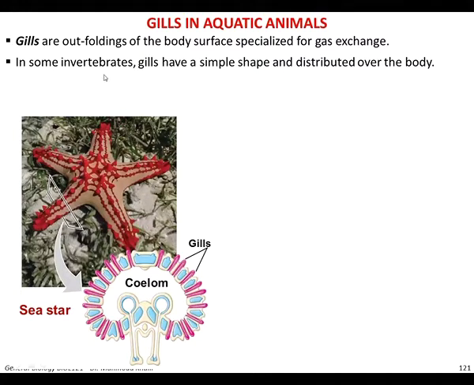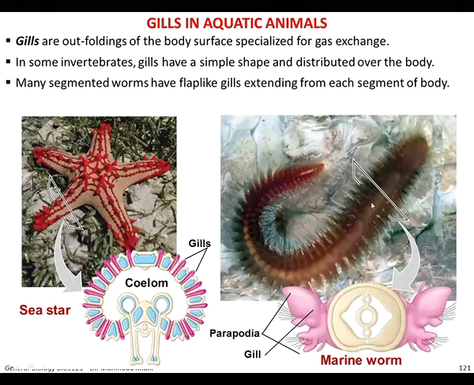So in this invertebrate animal, the sea star, gills have a simple shape and are distributed all over its body. While in segmented worms, these worms have flap-like projections called parapodia. These flap-like projections act as gills. And you need to know that these gills are repeated on each segment of these segmented worms.